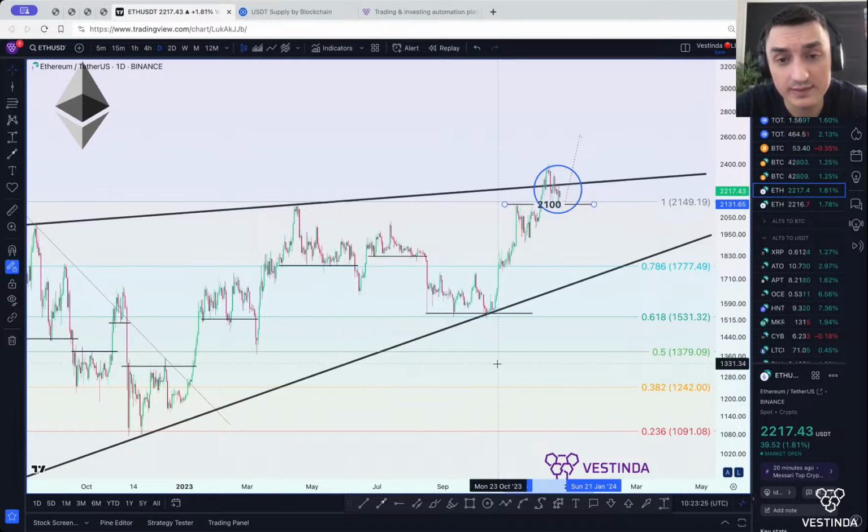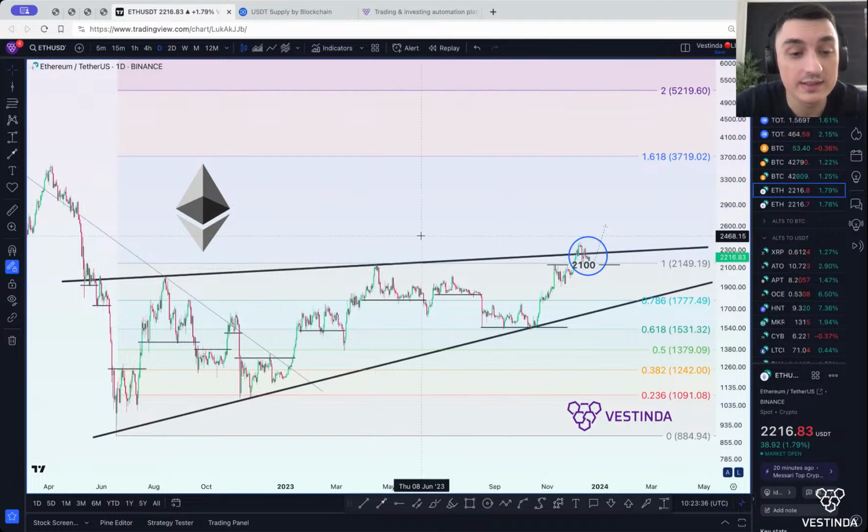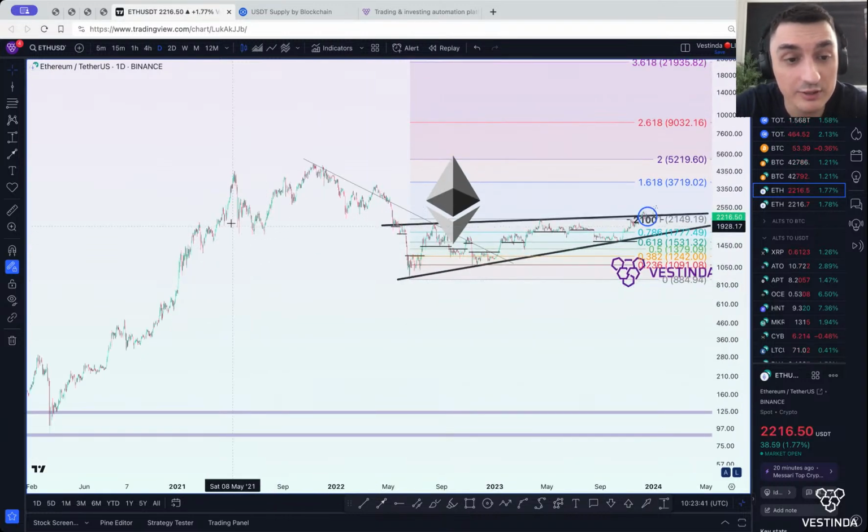And this level is really strong, simply because we had a lot of price pullbacks and bounces around 2100 in the past. We saw price action forming at around $2000 in February 2021. Then we saw a lot of shakes, ups and downs in April, then in June and July 2021.